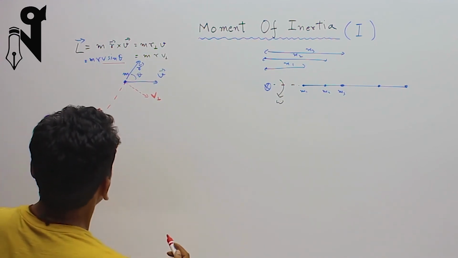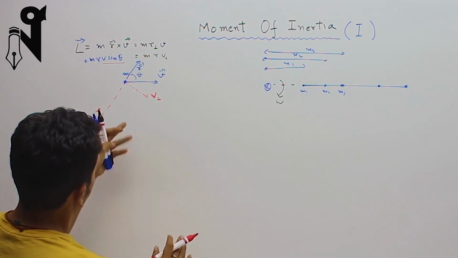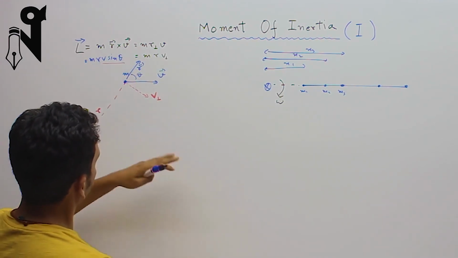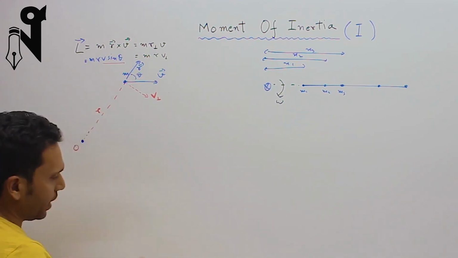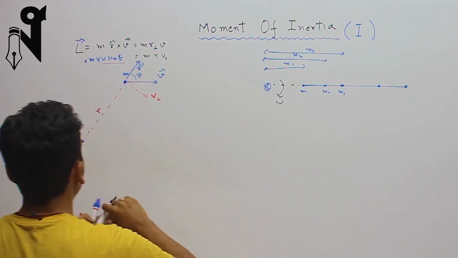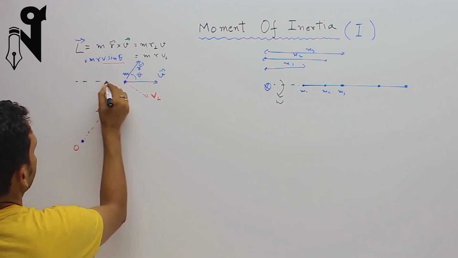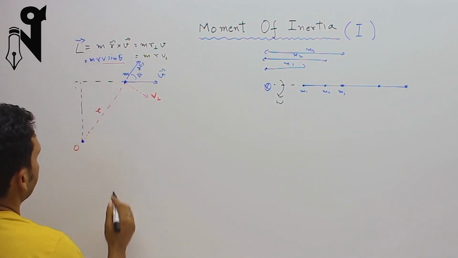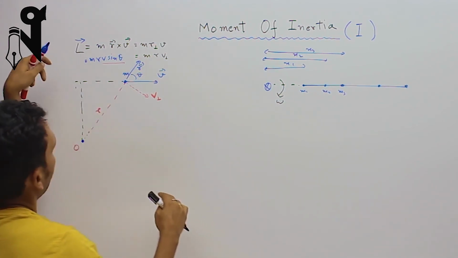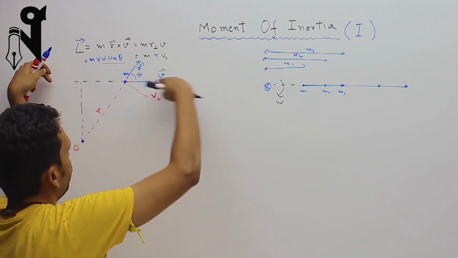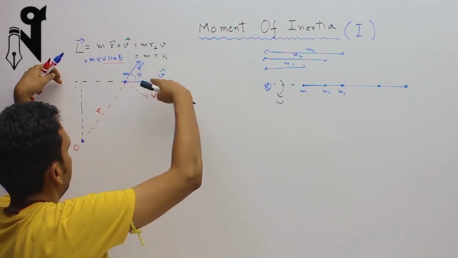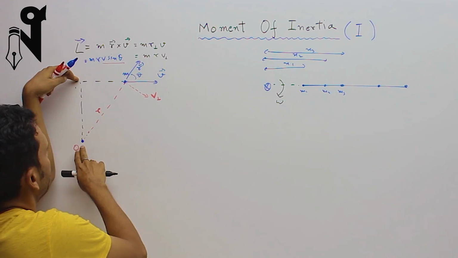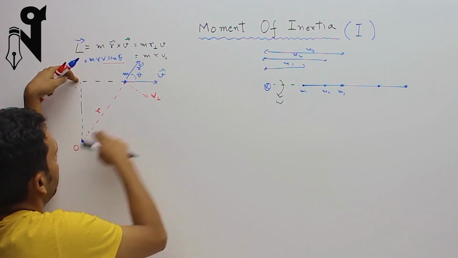And what is r perpendicular? Even though considering V perpendicular looks convenient, many times you would rather use r perpendicular. R perpendicular is the distance of the line of velocity from the considered point of rotation.